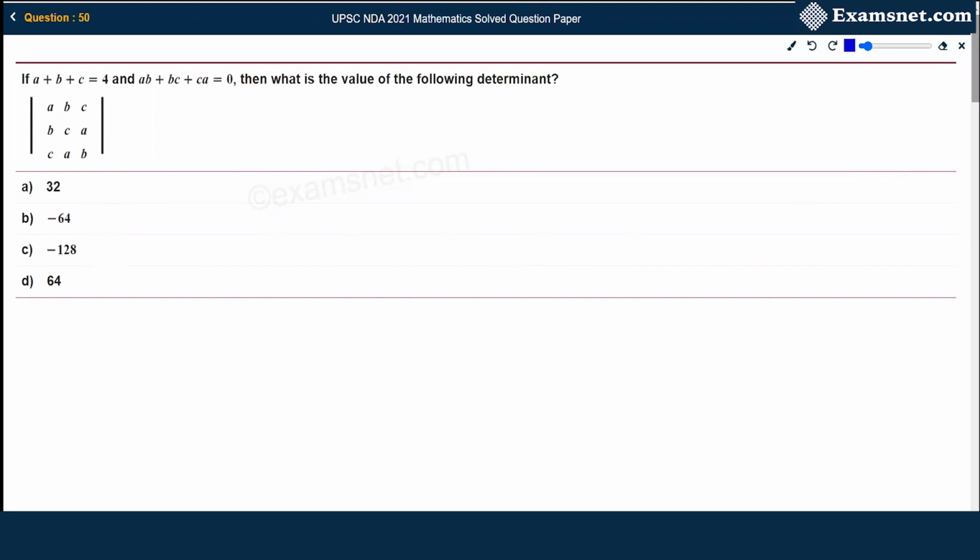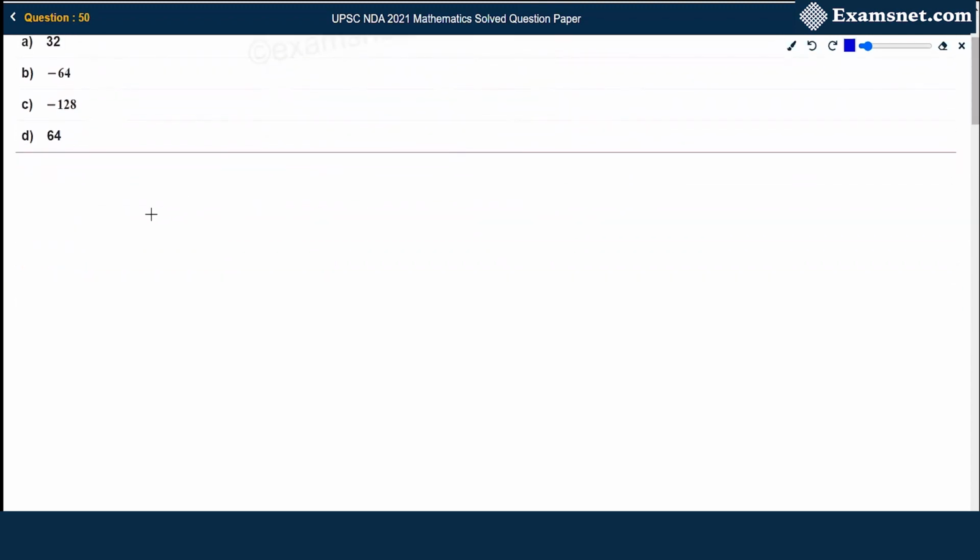Okay, first I will make you remember two very important algebraic formulas. Those are A cube plus B cube plus C cube minus 3ABC. It is very, very important. We learned it in the 9th or 10th grade.